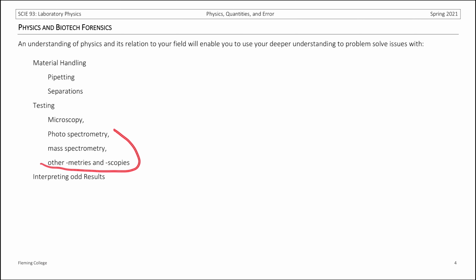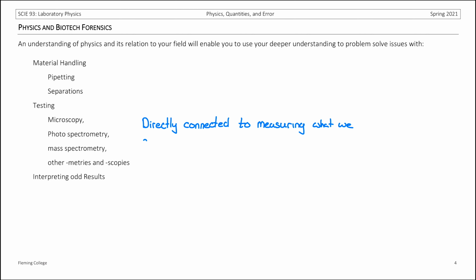So you guys will run microscopy tests and photospectrometry tests and mass spectrometry tests and all the other metries and scopies, and understanding the principles behind the physics that lets these tests work will help you understand what you're looking at. These kinds of tests directly connect to what we saw Galileo describe physics as.